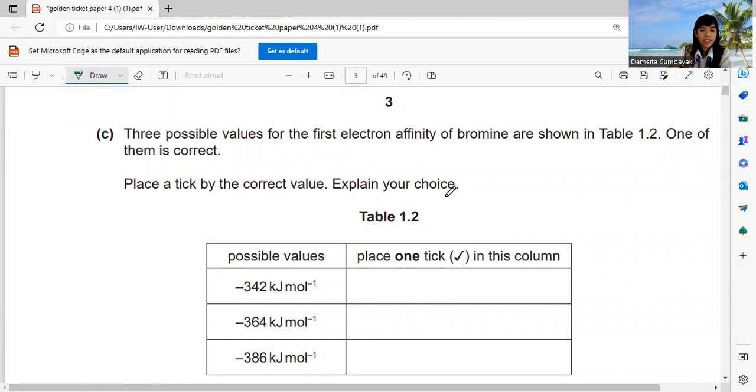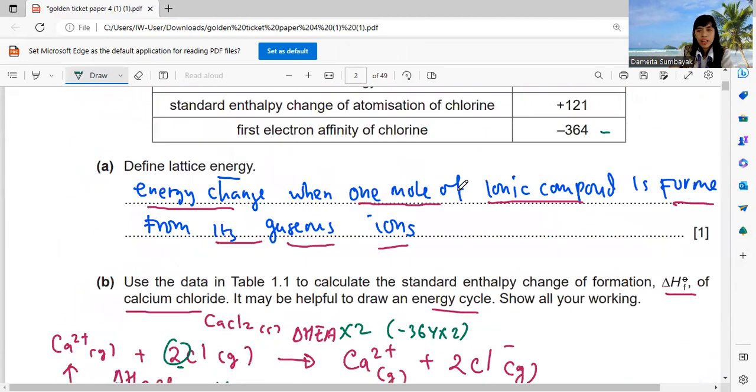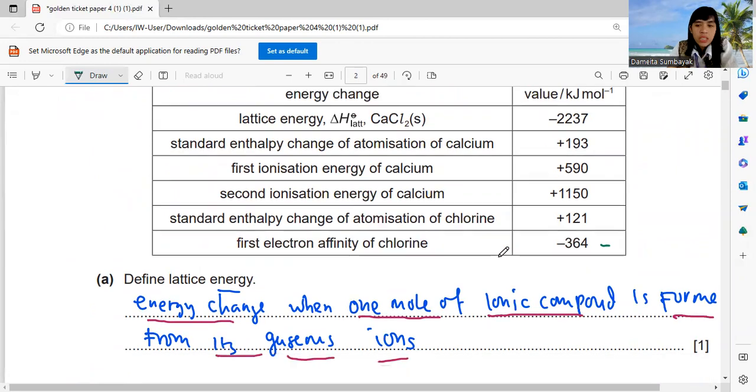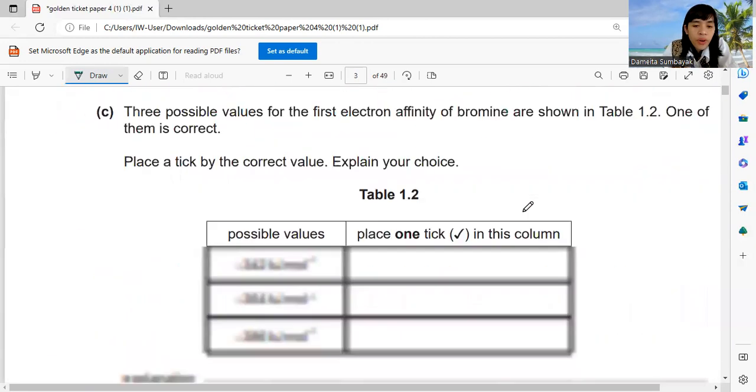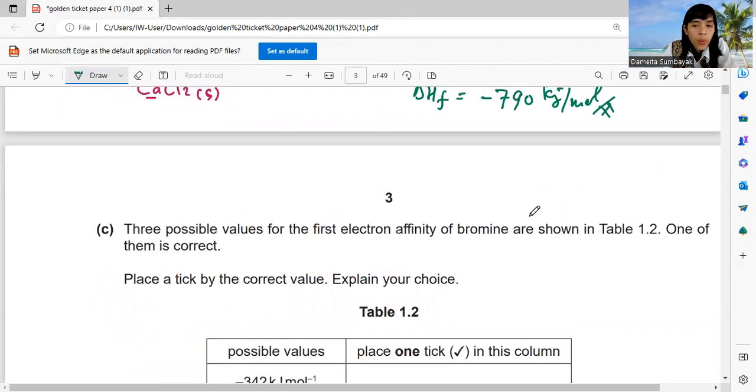Explain your choice. All right, so we have known that the EA of Cl is minus 364.